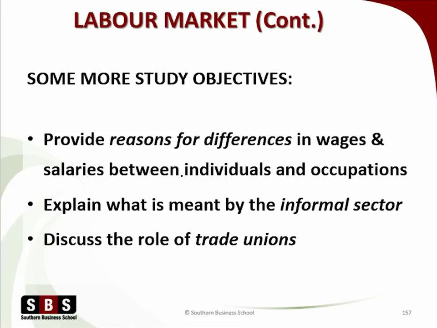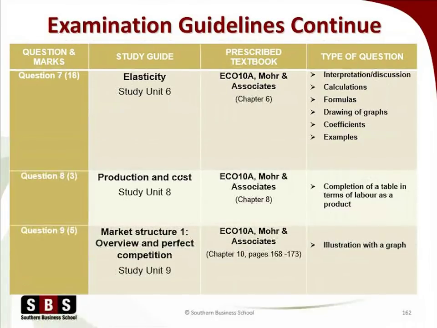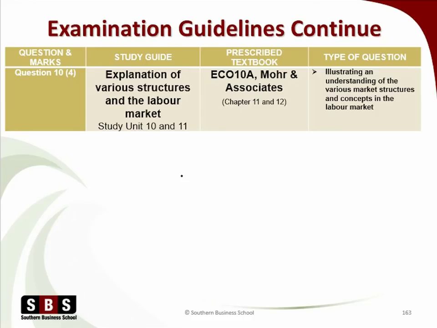There won't be long questions on the labor market. So the only long question on the labor market is that question there. Only counts 3 marks. Now it boils down to that table on slide 139, that question.